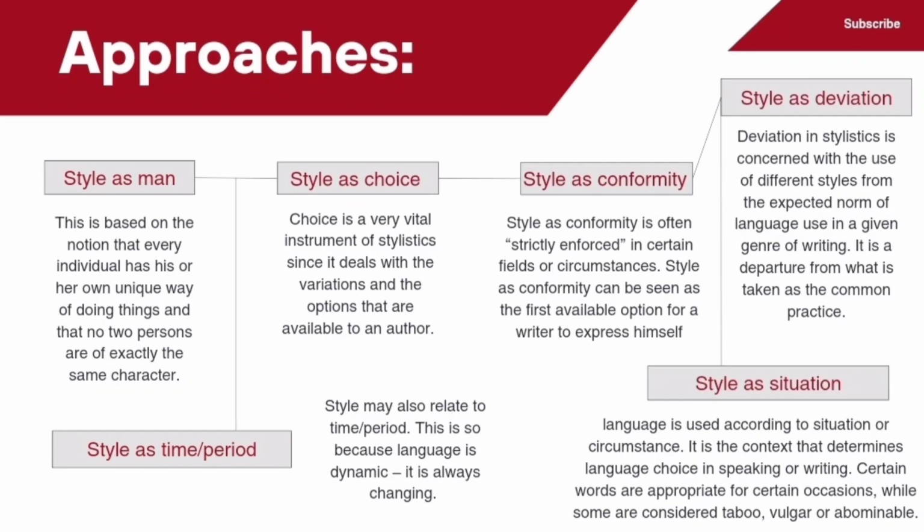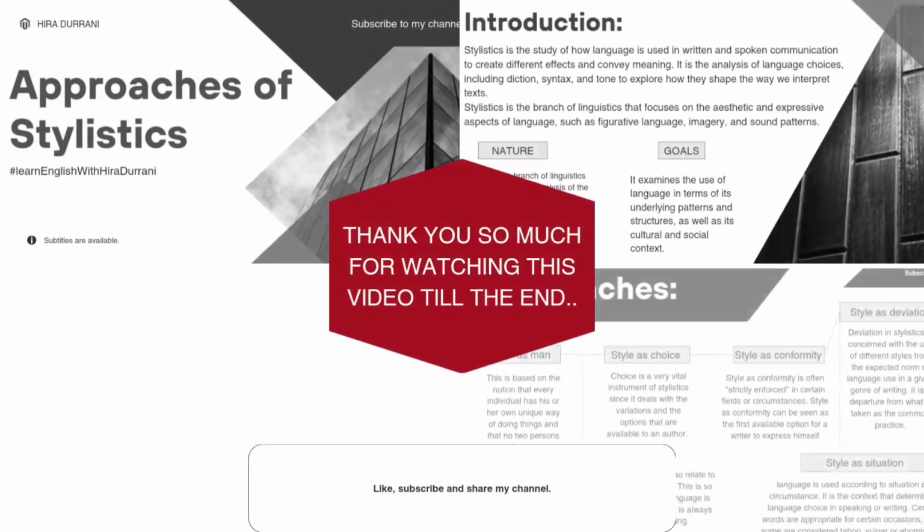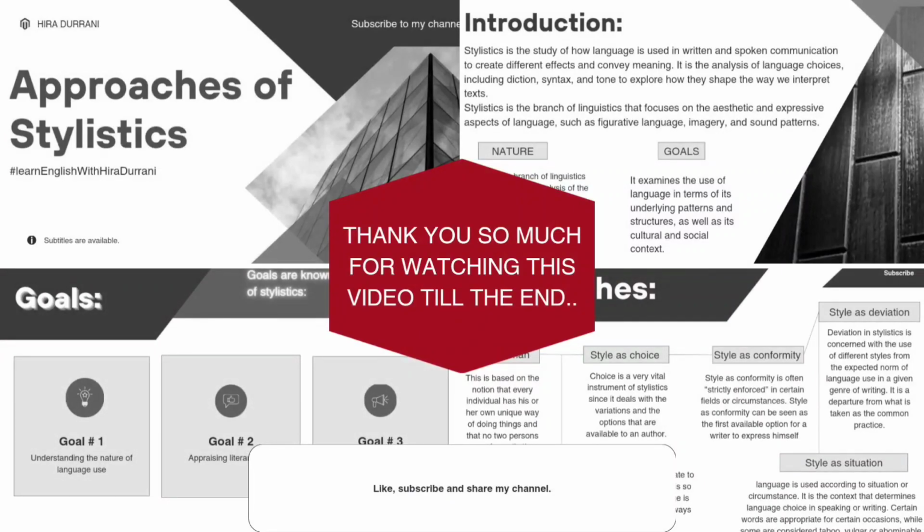So every situation has a different description of how we need to use a particular language in a particular context. So this was all about my course, and thank you so much for watching it.